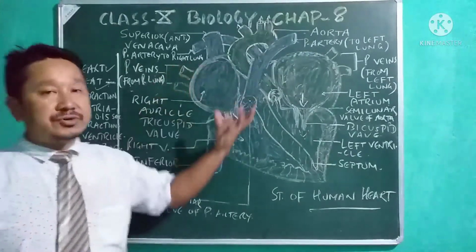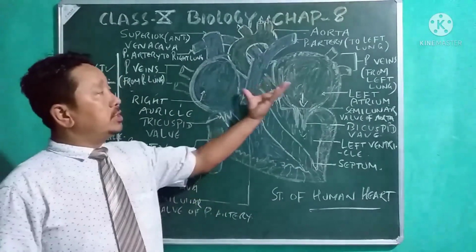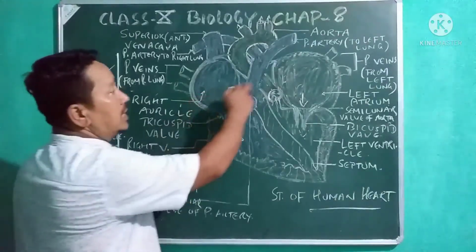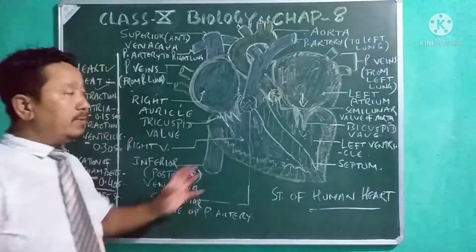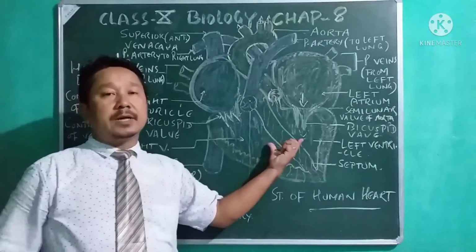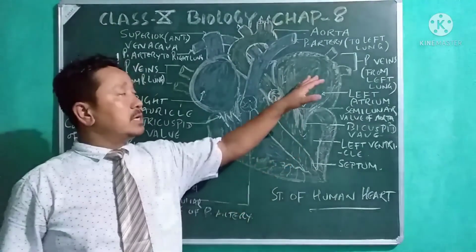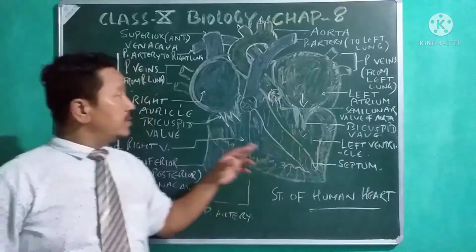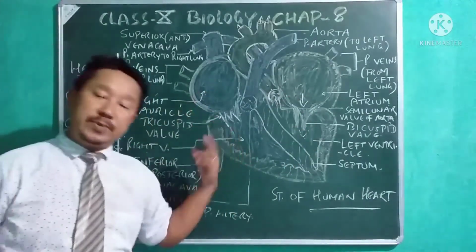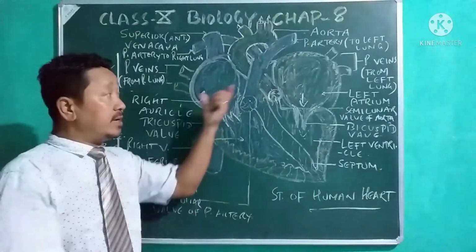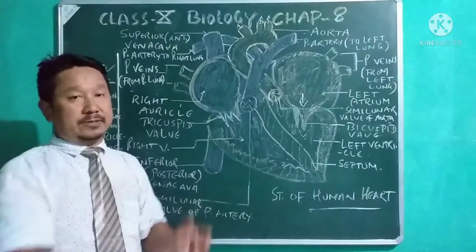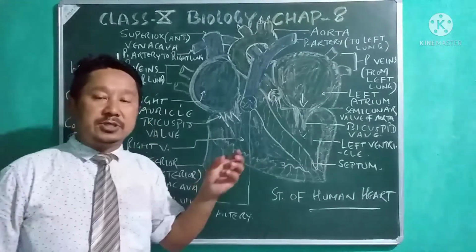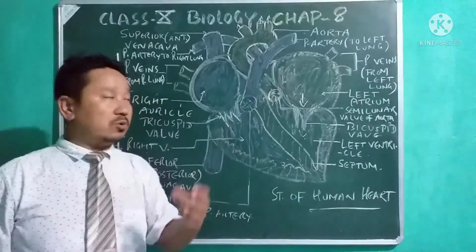When these 2 contract, the blood collected in this region is pushed down to the respective ventricles, that is, from the left auricle to the left ventricle and from the right auricle to the right ventricle. That contraction is called systole. Remember the biological term used here, systole.